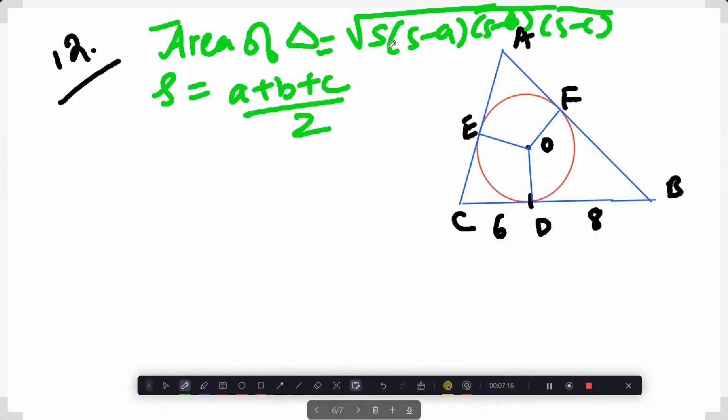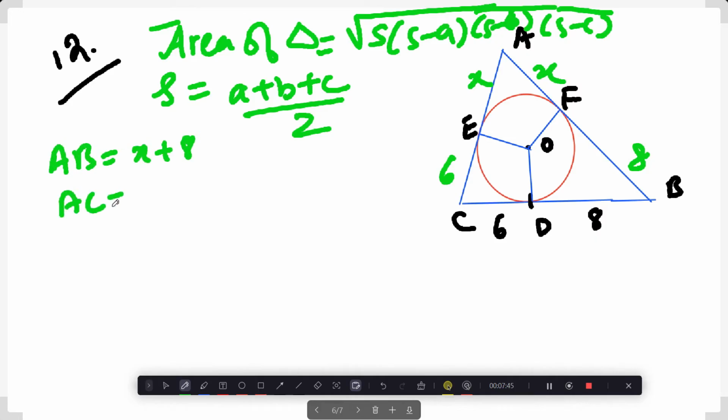So in this question, question number 12 says that this triangle is circumscribing this circle. That means all these sides are tangents, right? So if this is 6, this is also 6, this is 8, this is 8, and let us consider this as x. So what is side AB? x plus 8, and side AC is x plus 6.